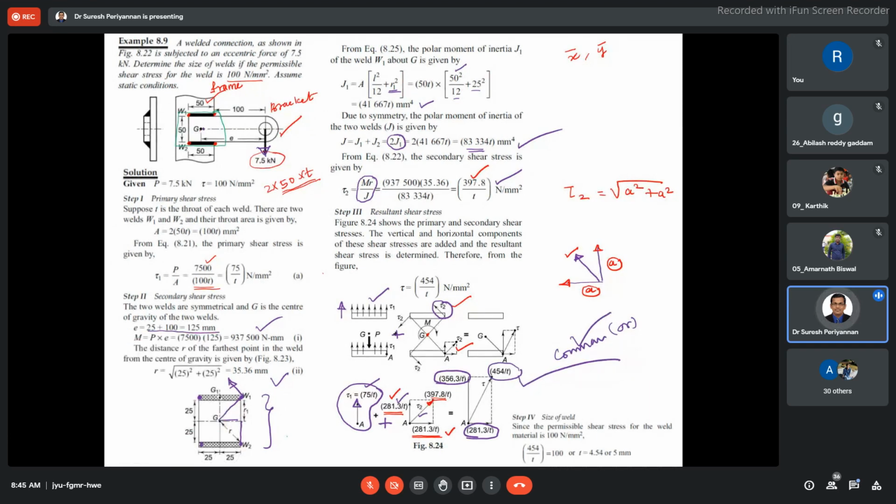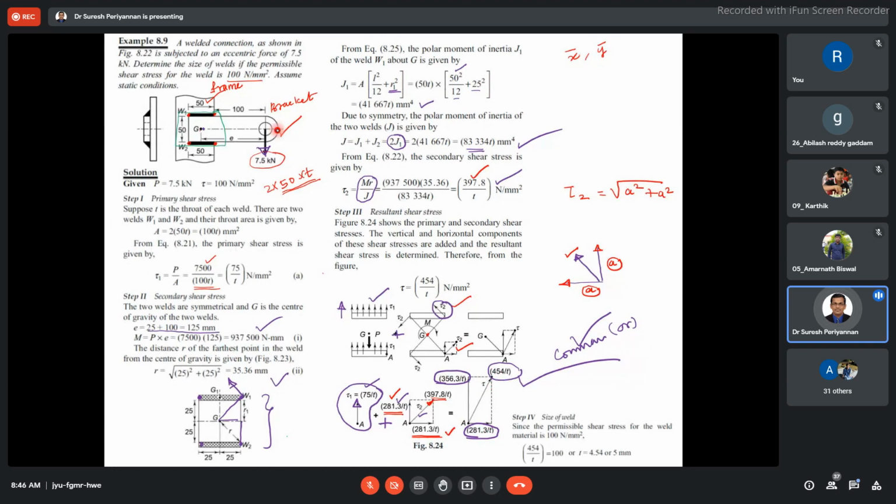Okay, now take the vertical component: 75 plus 281 is 356.3. Then the horizontal component, there is no other horizontal shear here, so 281.3. Now the resultant comes to 454. Take the resultant from this. Then this is our required resultant shear stress, also called the common resultant shear.